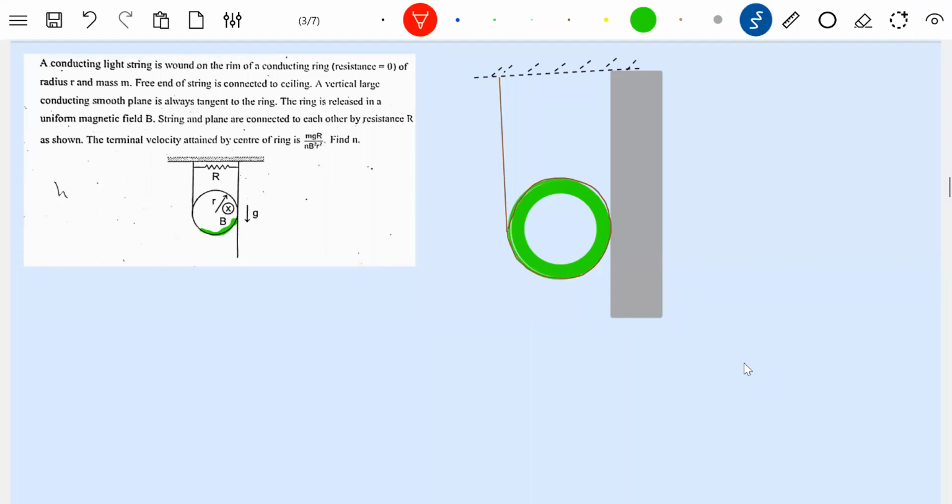We have a resistance. Flux linking, and the terminal velocity attained by it. What are the various forces acting? I think we should be aware of all the forces acting. The B field is present here.